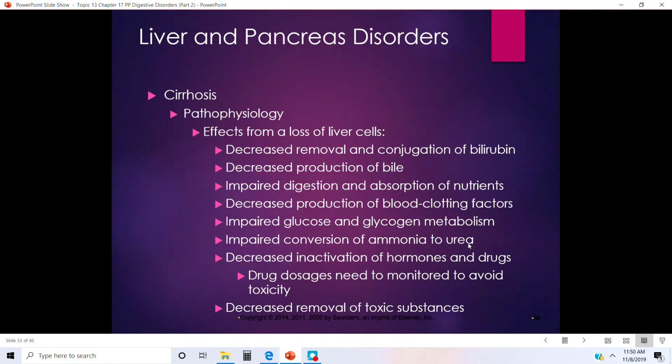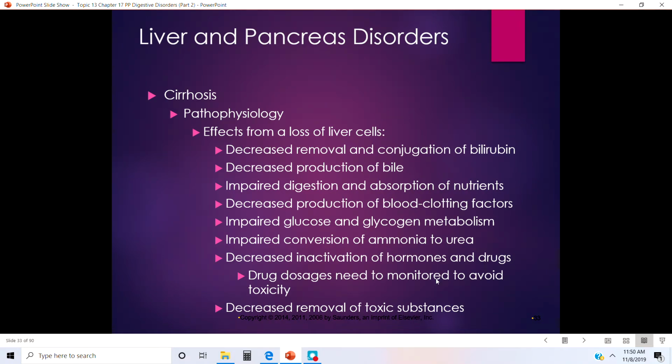There'll be a decreased inactivation of hormones and drugs. The liver just normally will detoxify us from different chemicals and hormones and drugs. And this is one of the reasons that as individuals continue to get medications, they really need to watch their dosages, right? They need to be monitored because, again, the old drugs are not being removed from the body via the liver, right?